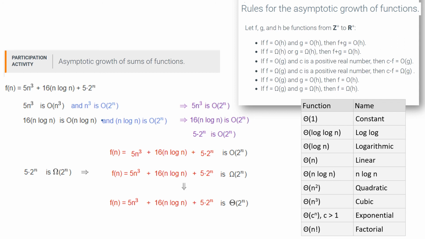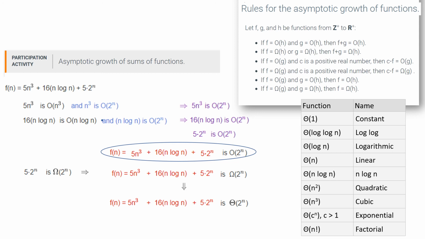So first, they look at each term in f and show that each term is O of 2 to the n. You'll have to look at that and try to figure out which rules over on the right they're using.